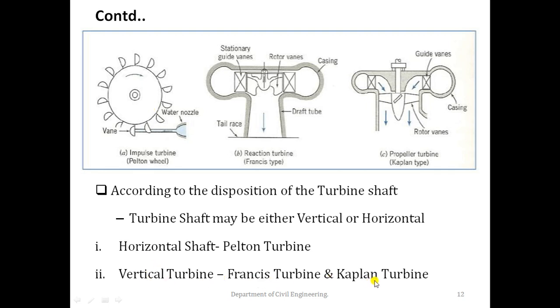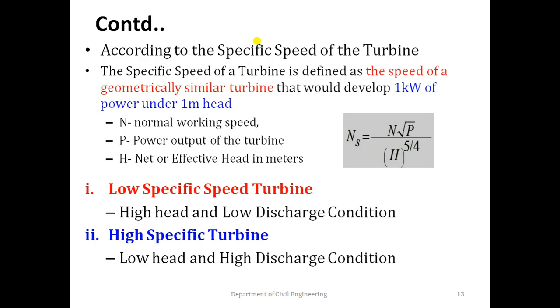The Francis turbine and Kaplan turbine may have a vertical shaft. So in these figures you can see the Francis turbine and the Kaplan turbine have a vertical shaft.